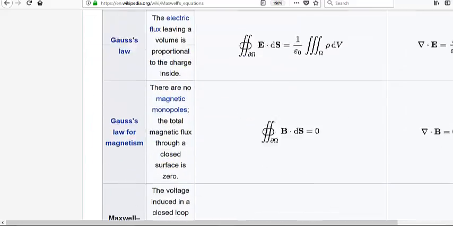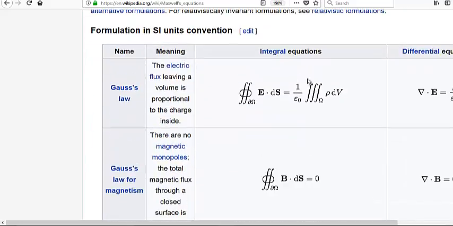You can notice this is an area integral, and this is the differential area. So S is the surface area. So basically what you're doing is taking the electric flux dotted with the little surface area, dS, and adding all those up around the area.